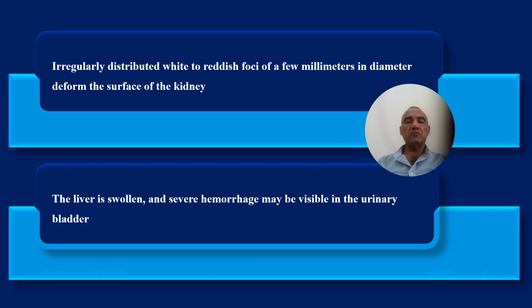Irregularly distributed white to reddish foci of a few millimeters in diameter deform the surface of the kidney. The liver is swollen and severe hemorrhages may be visible in the urinary bladder.